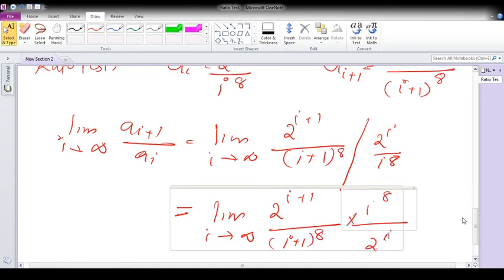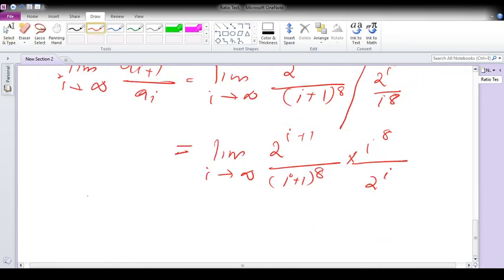That is equal to limit of 2 power (i+1) by (i+1) power 8 into i power 8 by 2 power i. We write the reciprocal, then you can cancel the 2 power i and 2 power i. So you get limit as i tends to infinity of 2 into i power 8 by (i+1) power 8.